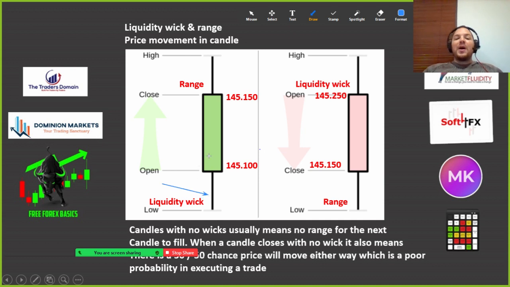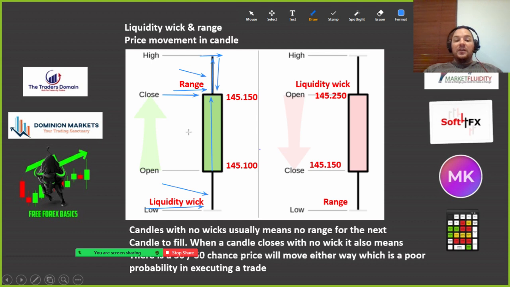Because price is moving up, price moves down, moves back up. We call this a liquidity wick so that it can gain momentum to continue moving up. Then when price reaches past here and creates the high of the candle, comes back down and closes here, we call this a range.